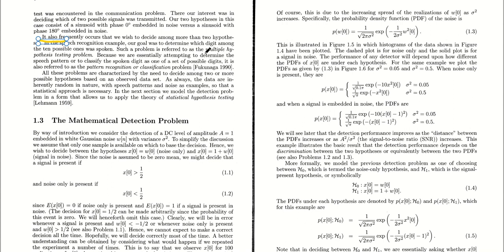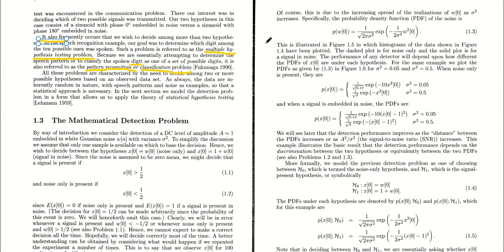Such a problem is referred to as a multiple hypothesis test problem because we are essentially attempting to determine the speech pattern or to classify the spoken digit as one of the set of possible digits. It is also referred to as pattern recognition or classification.